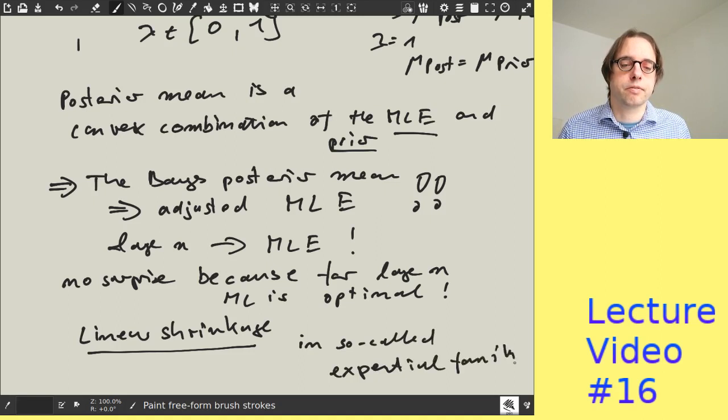The exponential family is simply the normal distribution, binomial distribution, exponential distribution, and many other distributions. So it's a large family, and in all of these you can show that there is linear shrinkage.